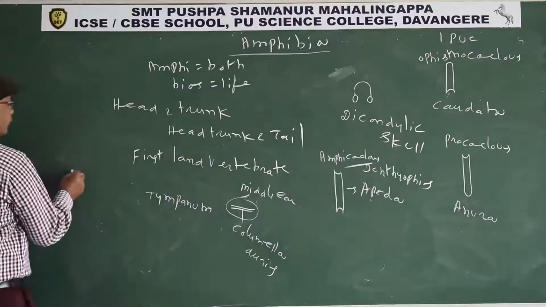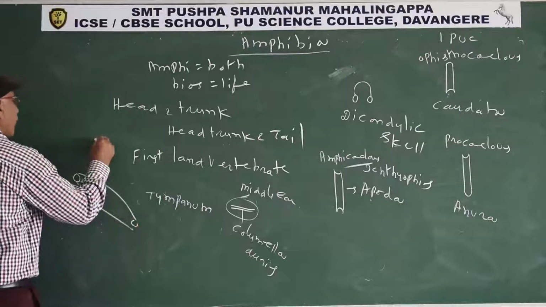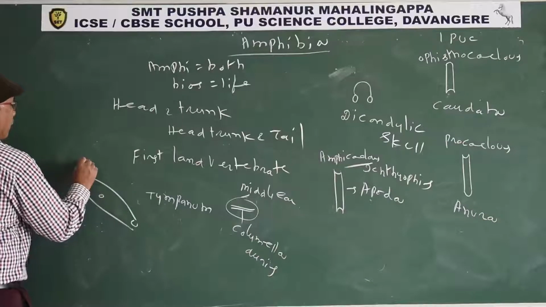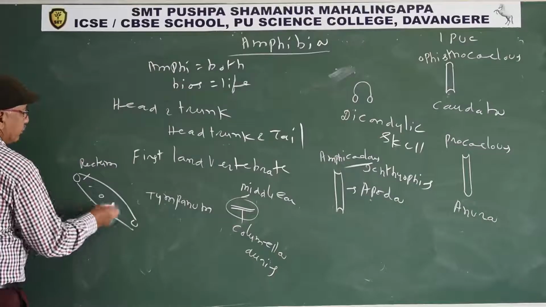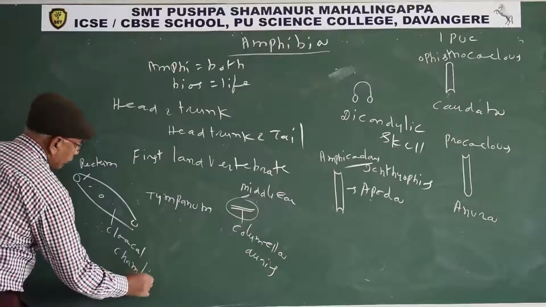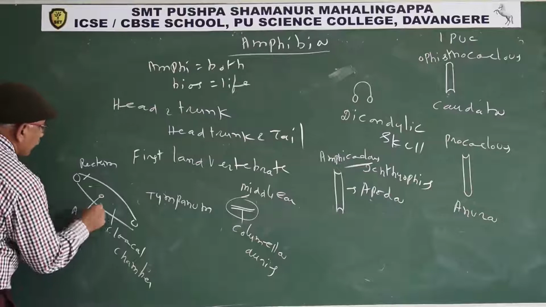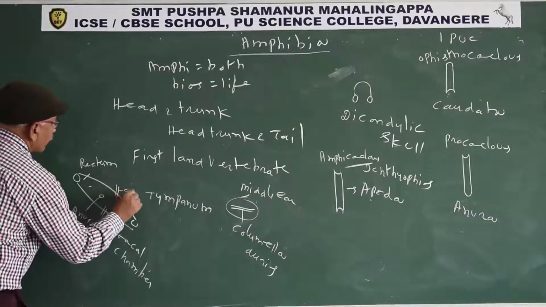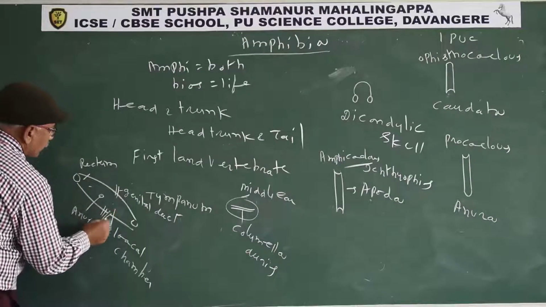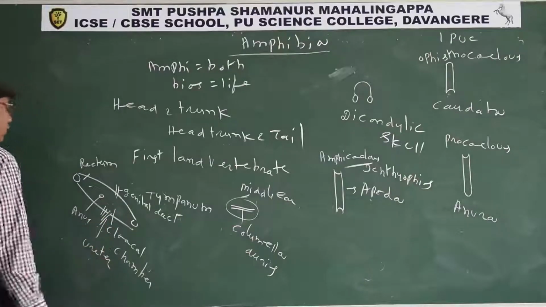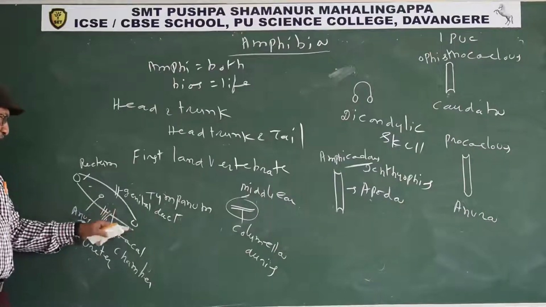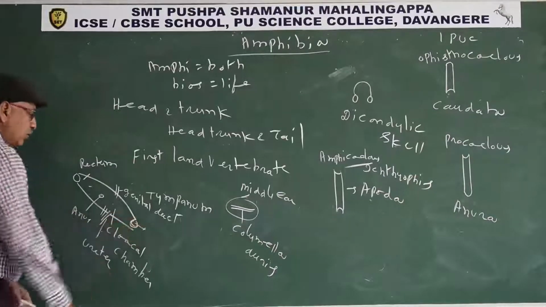Next point is rectum. Ureters, genital ducts and rectum open into cloaca, that means cloacal chamber, which opens out through the cloacal aperture.